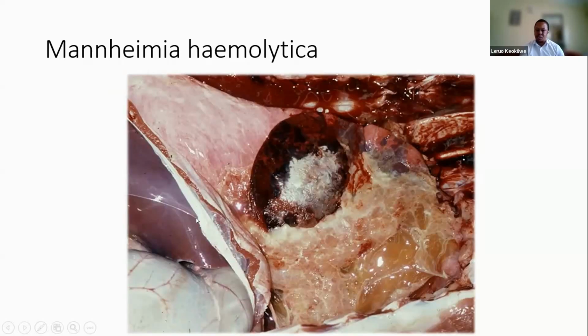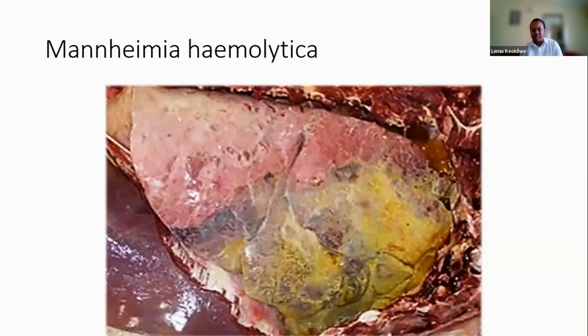These are some of the lesions you can come across. But of course, CBPP being such an important disease, it will be a matter of ruling out these differential diagnoses, but high on your list should be CBPP.